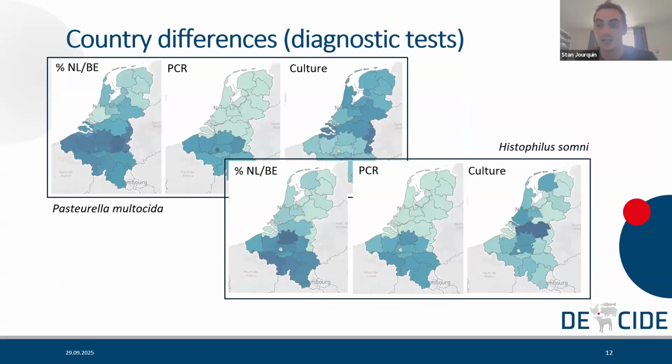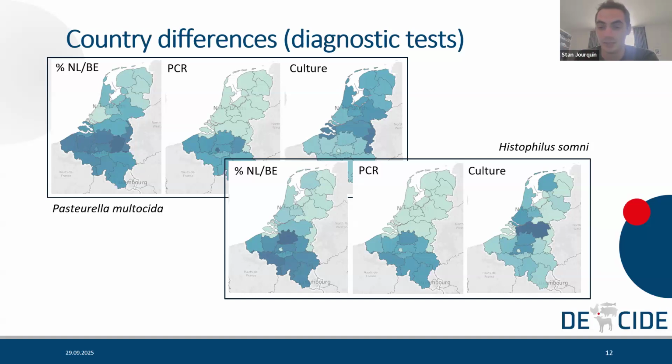Another small example, to show how important it is to know what you're looking at when interpreting data on a country level. When we looked at Pasteurella multocida and Histophilus, we noticed that in Belgium there appeared to be a much higher prevalence. At first glance, that's a bit weird, because our systems are not that different, and we're neighboring countries. But if you look more in depth, you could see that in Belgium a lot more PCR testing was done than, for example, in the Netherlands.